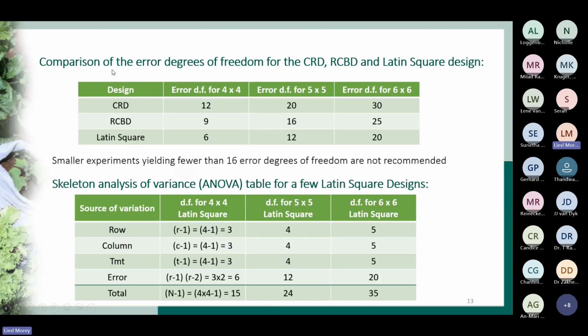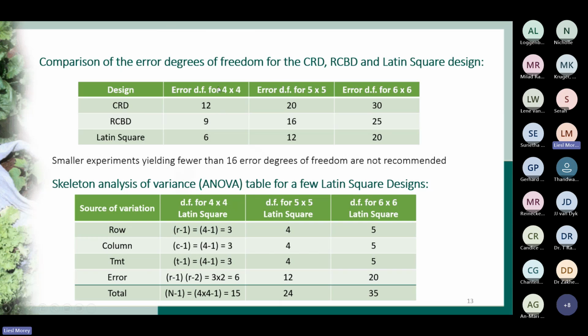If we look at a comparison of the error degrees of freedom for the 3 designs that we've already looked at, you can see as you compensate for a source of variation, the error degrees of freedom decline, because each time you added another factor to the analysis of variance.